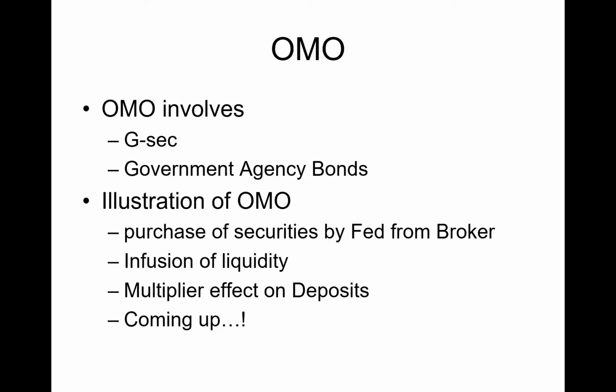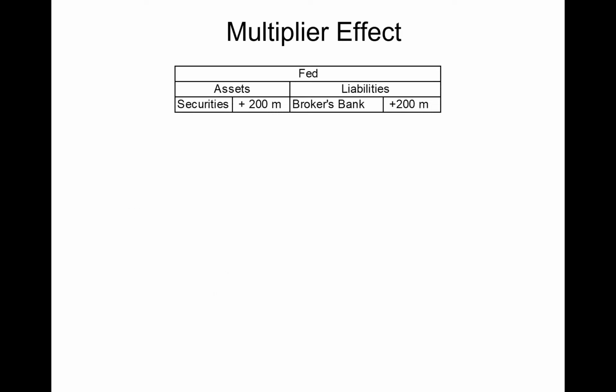This multiplier effect is actually linked with the reserve ratio that commercial banks must maintain within their accounts. So the multiplier effect is as follows. Let's assume that the Fed buys $200 million of securities, and the broker's bank has $200 million of deposit as a result of the transaction that took place.